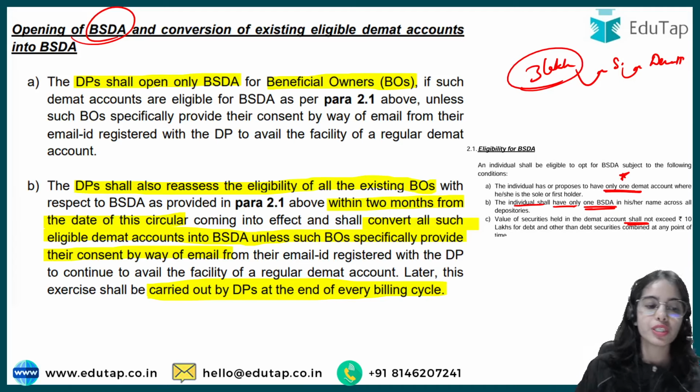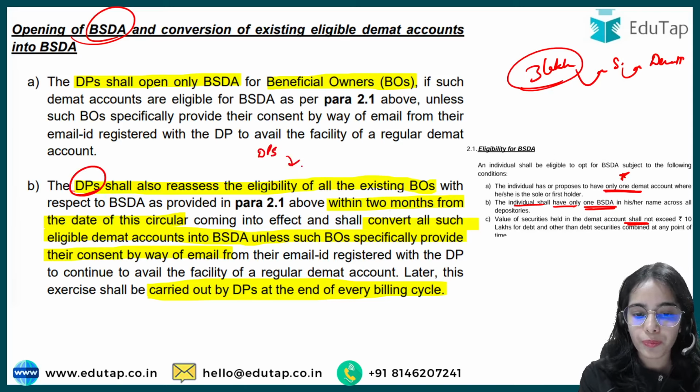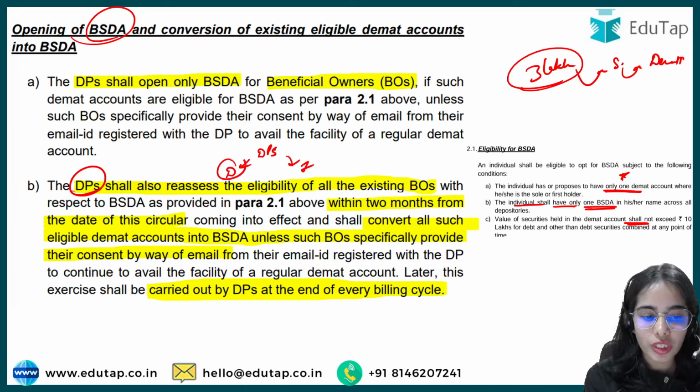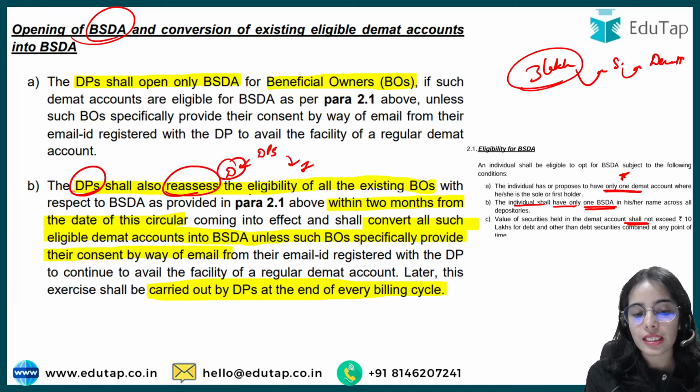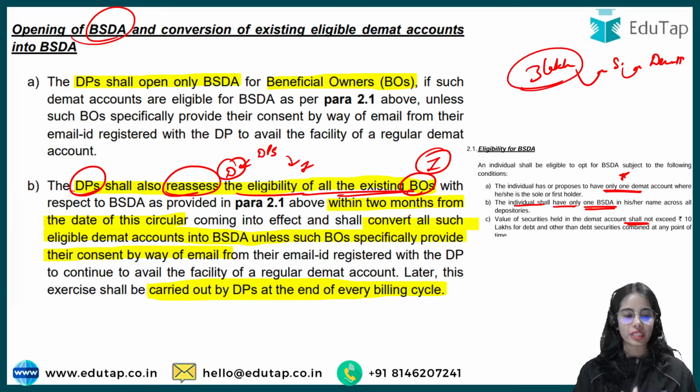So if you want this demat account to become the basic services demat account, what should you be doing? First of all, the depository participants, that is the link between the individuals and the depositories, shall reassess the eligibility of all the existing beneficiary owners, all the existing investors, within 2 months of the circular. The circular was released on 28th of June.